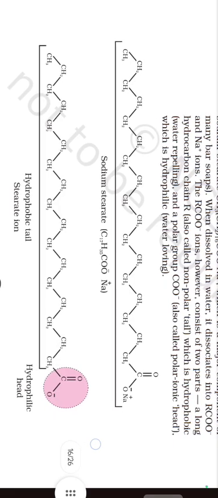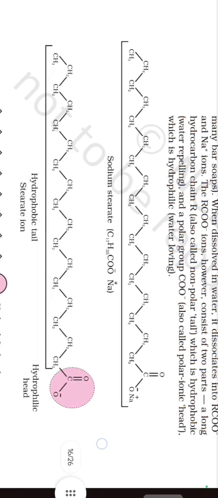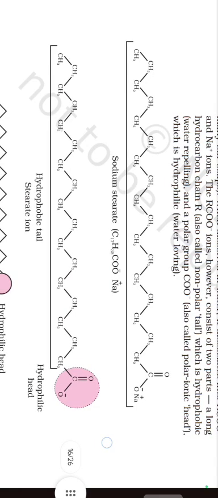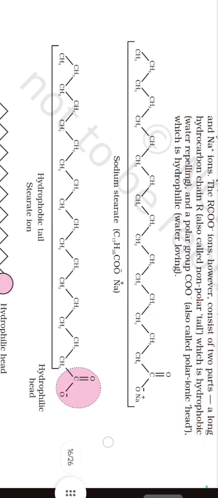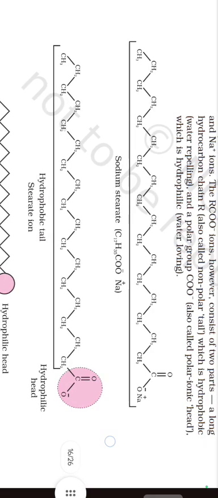When dissolved in water, it dissociates into RCOO⁻ and Na⁺ ions. The RCOO⁻ ions, however, consist of two parts: a long hydrocarbon chain R, also called non-polar tail, which is hydrophobic, water repelling, and a polar group COO⁻, also called polar ionic head, which is hydrophilic, water loving.